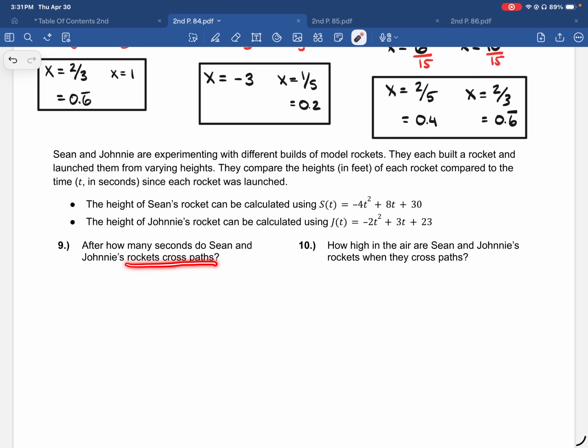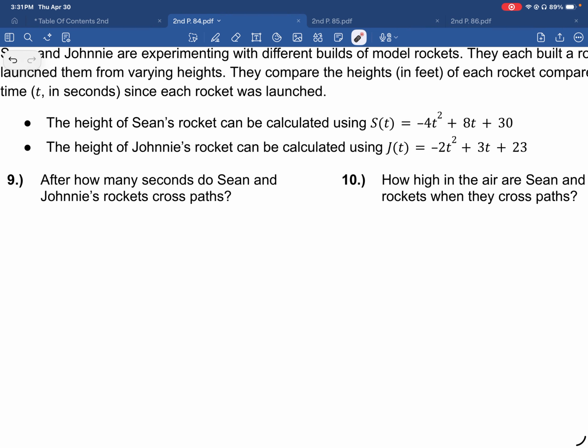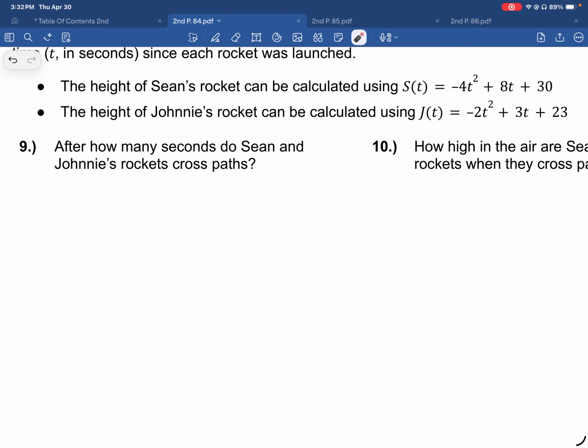If their rockets cross paths, that means they're at the same place at the same time, specifically the same height. So all I'm going to do here is take this formula and set them equal to each other. So, looking at Johnny's rocket, negative 2t squared plus 3t plus 23.